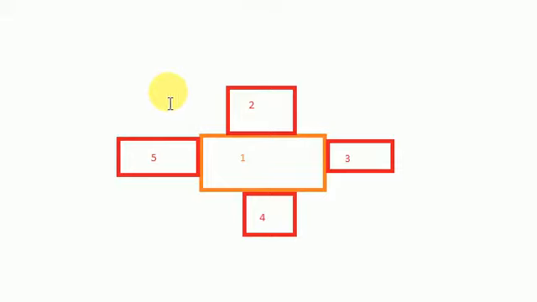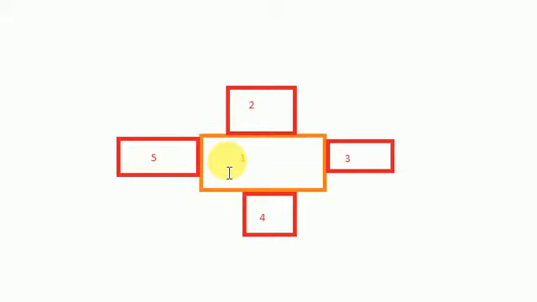So you can see country number 2, 3, 4, and 5. If country 2, 3, 4, and 5 will all be in different colors, and country number 1 touches all of them, then country number 1 will have to be different than the color of number 2, different than the color of number 3, different than the color of number 4, and different than the color of number 5, meaning it will have to be a fifth color.